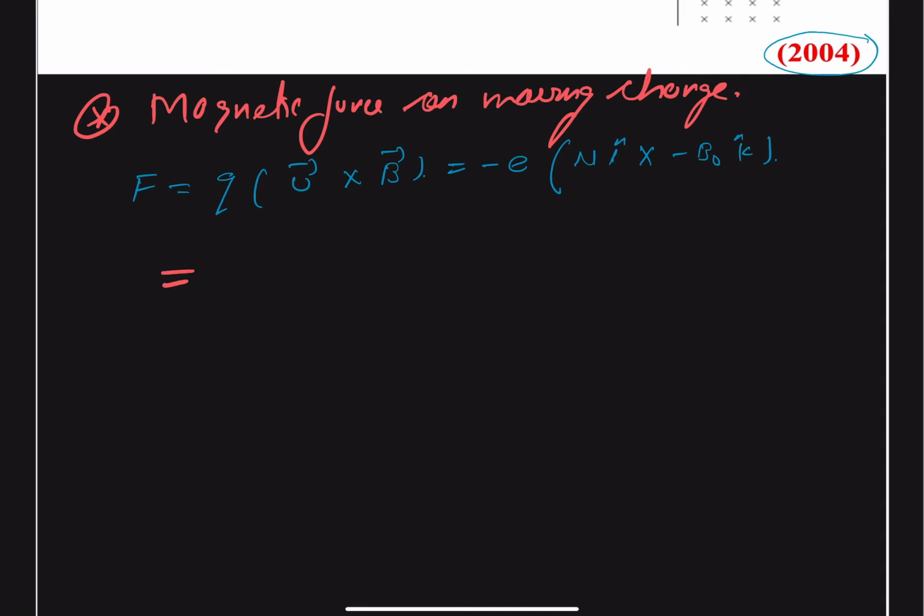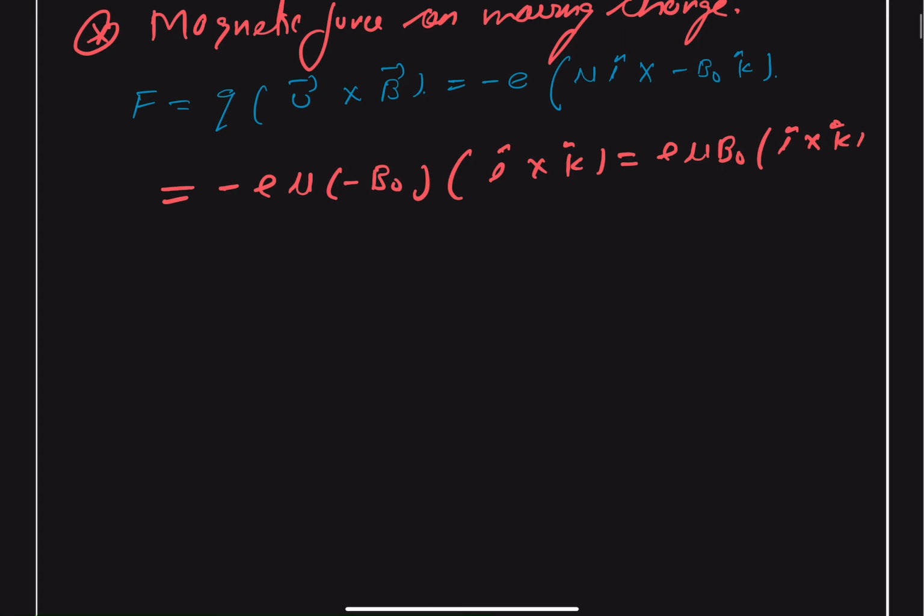We get this as minus e u times minus B naught, and here we have i cross k, and this gives us e u B naught with i cross k, and i cross k is minus j.